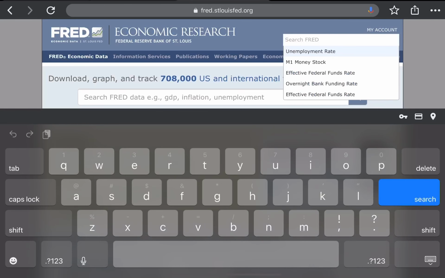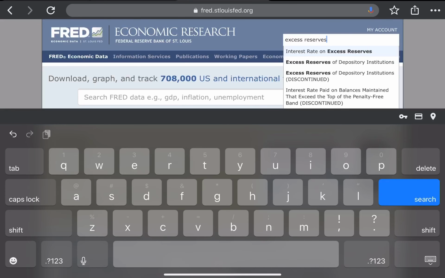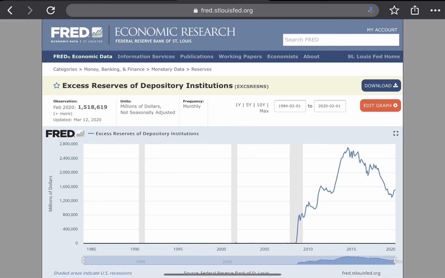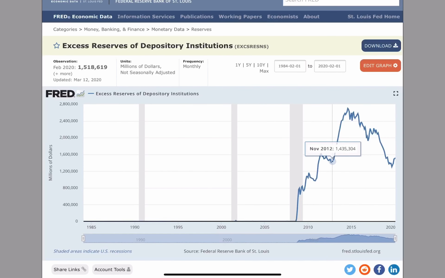So we can type in here excess reserves and see whether the US banking sector has held any reserves in excess of the requirement by the Federal Reserve.